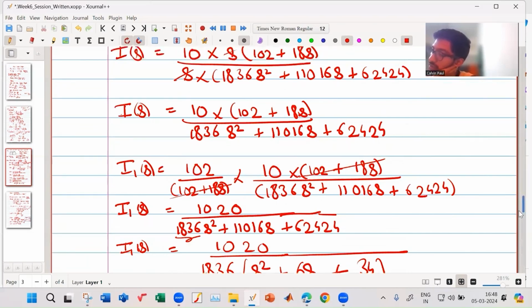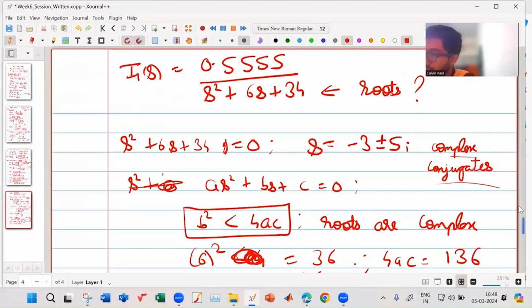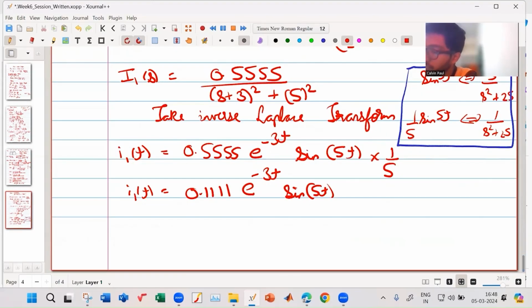What we will do is we know I2 of s into 102 is equal to 18s into I1 of s.